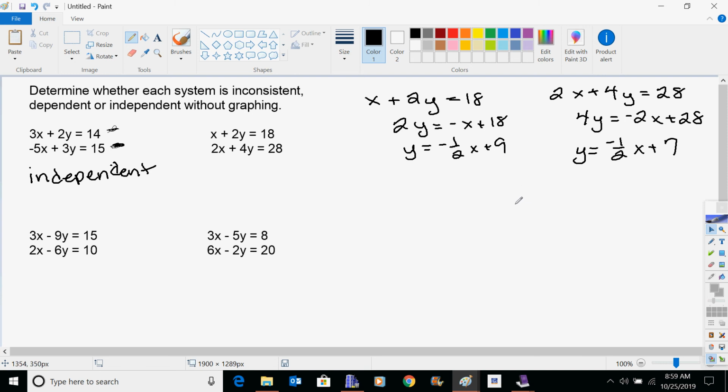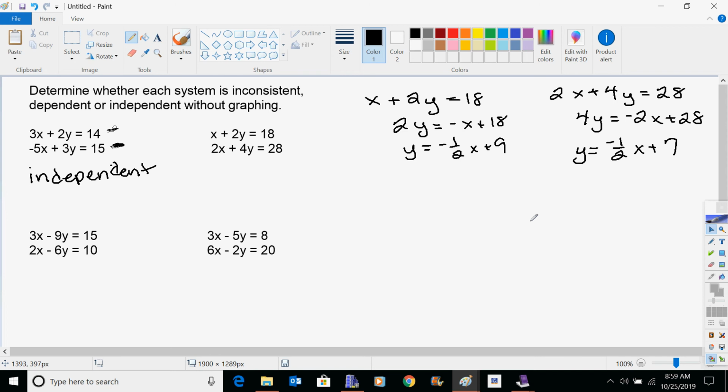Okay. So just double check and make sure that our y equals forms match. Yeah, I want you to tell me, is it independent, inconsistent, or dependent? 1, 2, or 3.